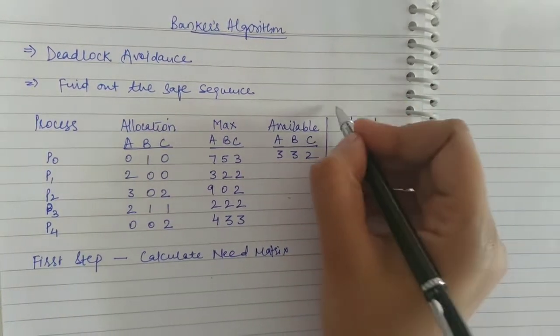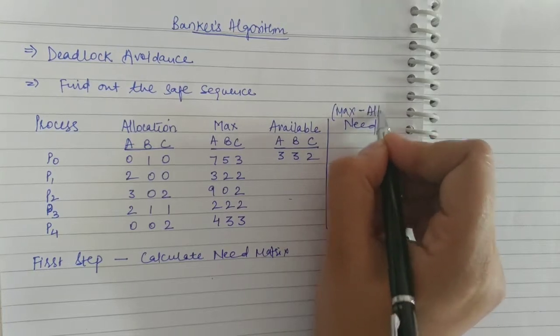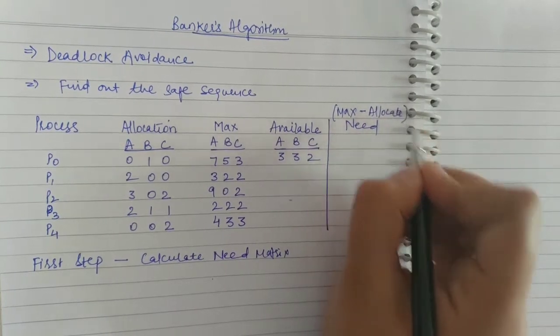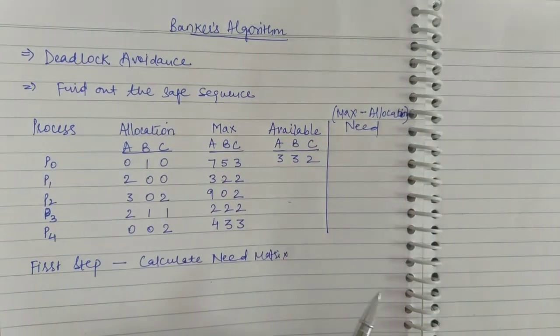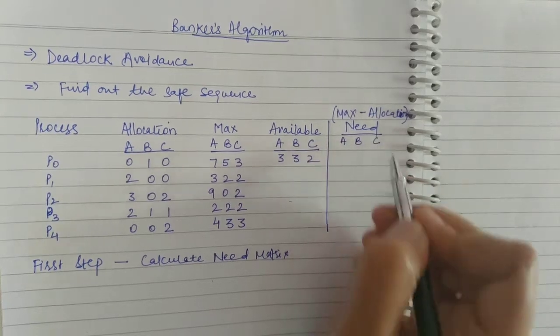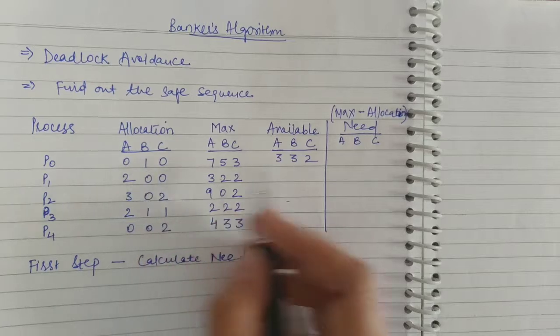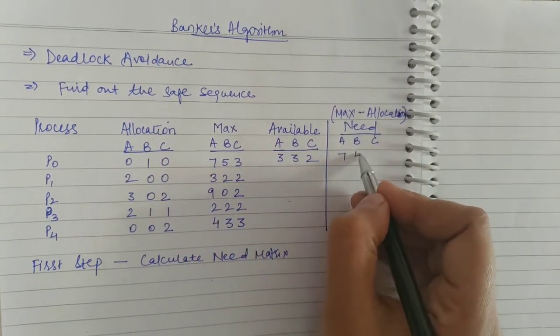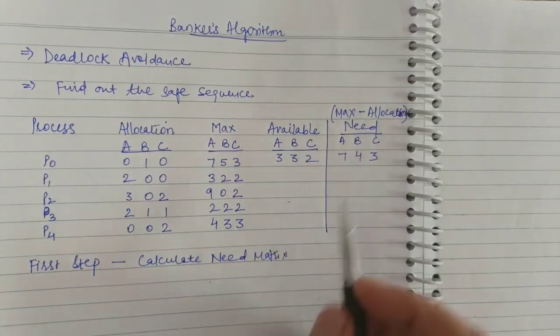This need is whatever maximum they can request for minus whatever the allocation has been done. So the need for process P0 for the resources A, B, C is 753 minus 010. So it is 743. This is the need of process P0 in future.